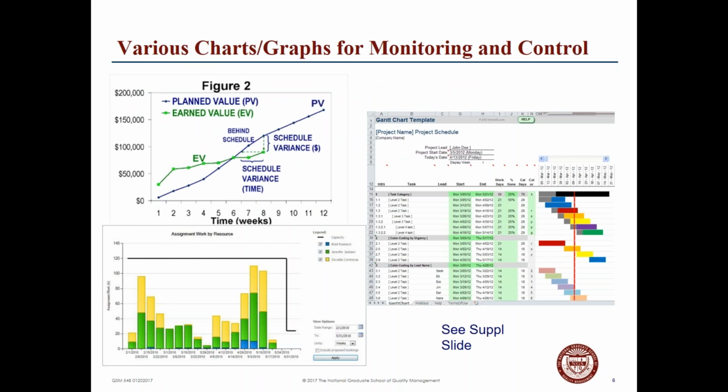So when we're looking at various types of charts and graphs for monitoring and control and reporting back out, you see various types of samples here. Here we've got a comparison between earned value and planned value over a span of time in weeks versus dollars here in the top one.